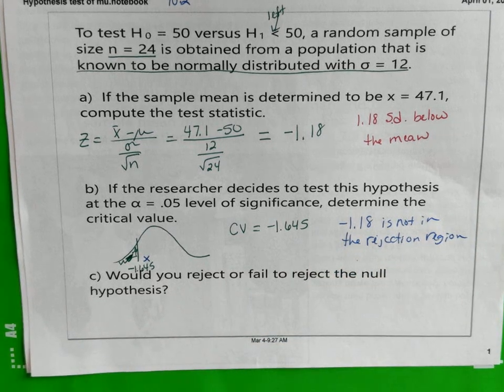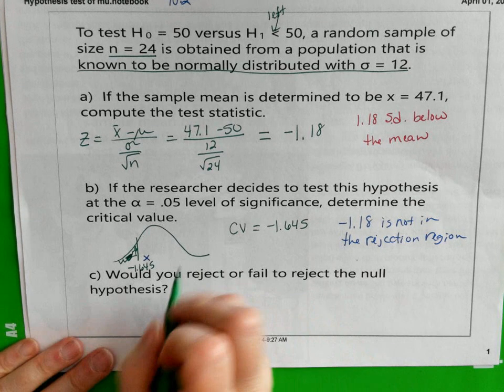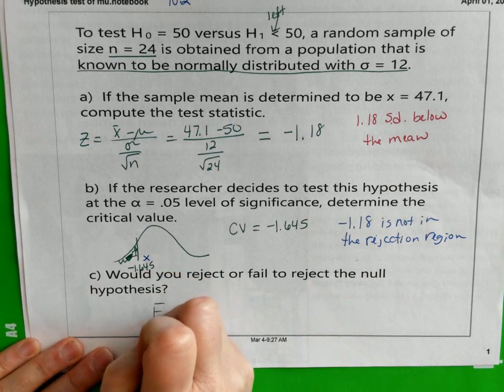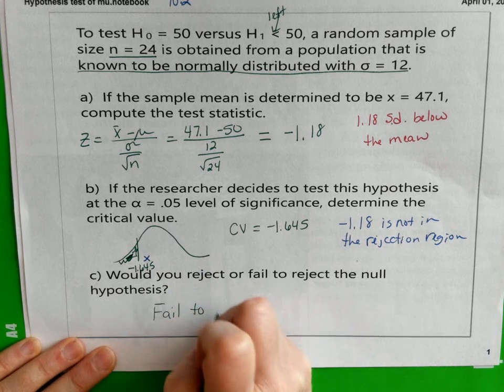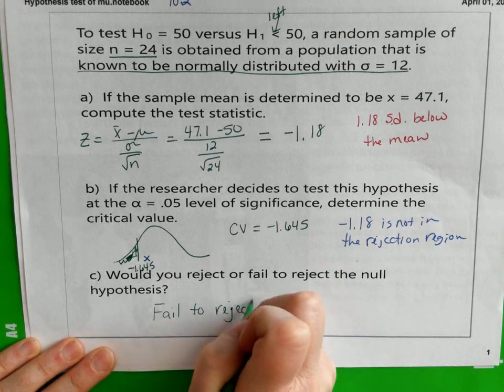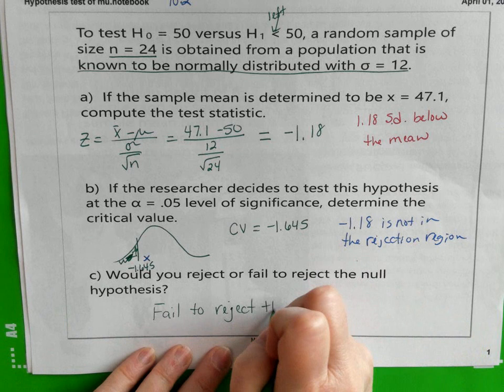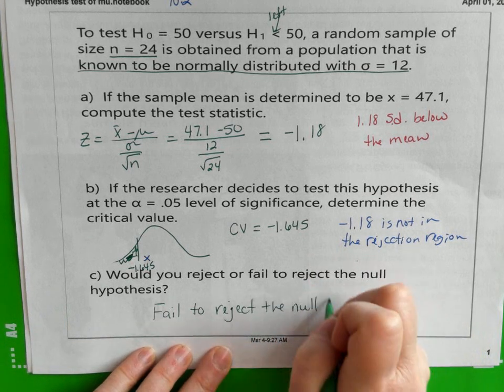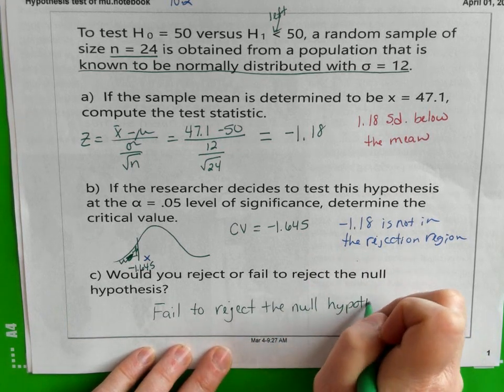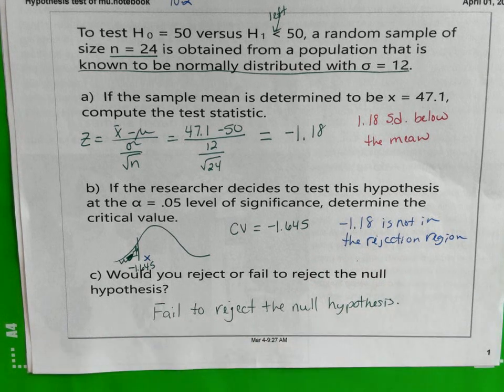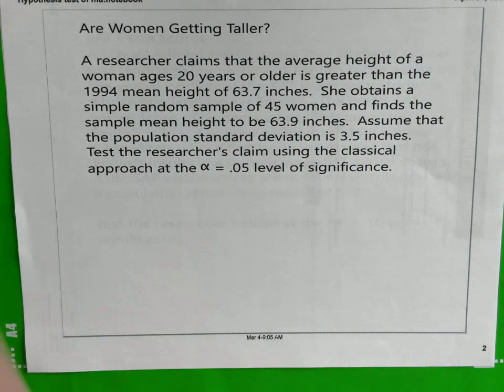Therefore, what would we do? We will fail to reject the null hypothesis. Not so horrible. Let's do that again. Let's look at another example.